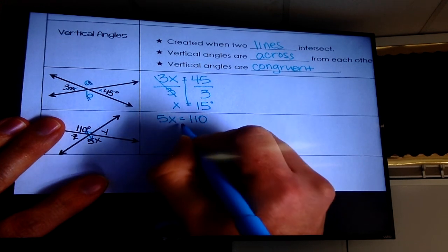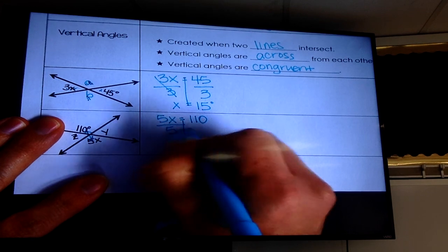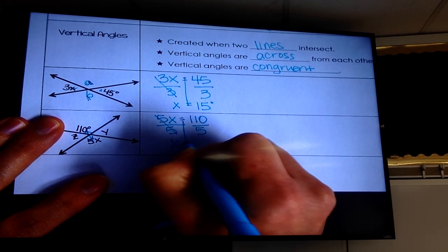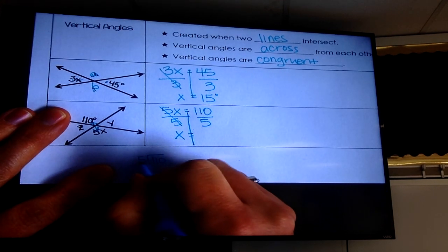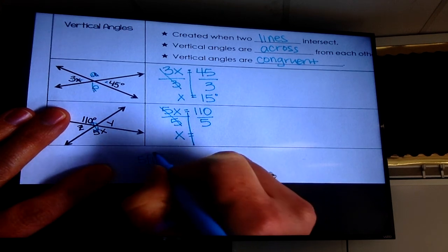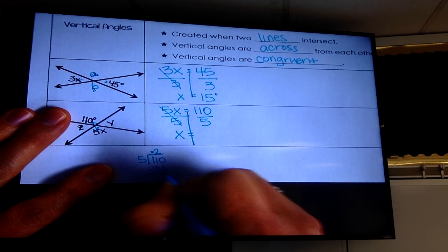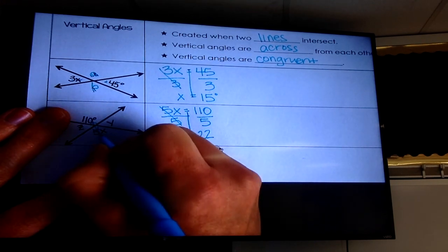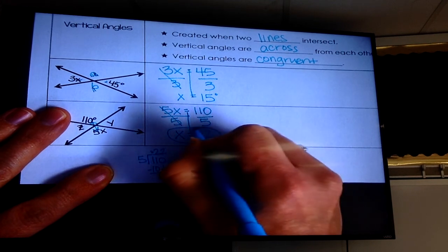So I'm going to divide both sides by 5. That leaves me x over here. And then 110 divided by 5. Some of us might be able to do it in our head. Others of us might need to write it down. It doesn't matter. And I find out that x equals 22. So I know that the x here is equal to 22.